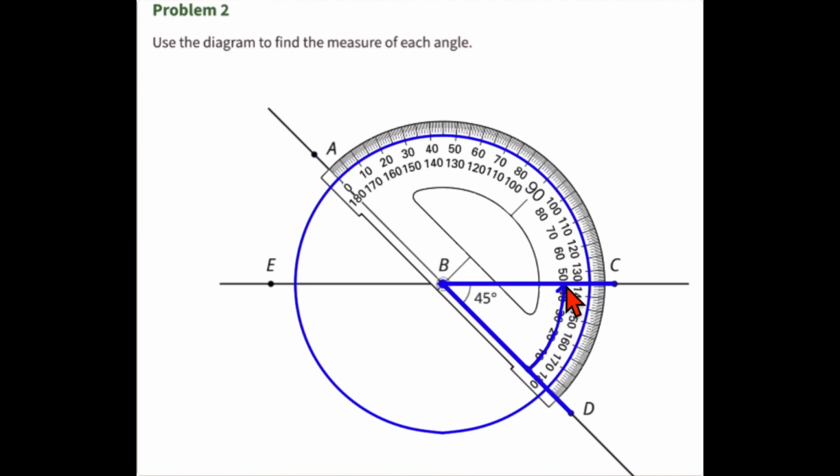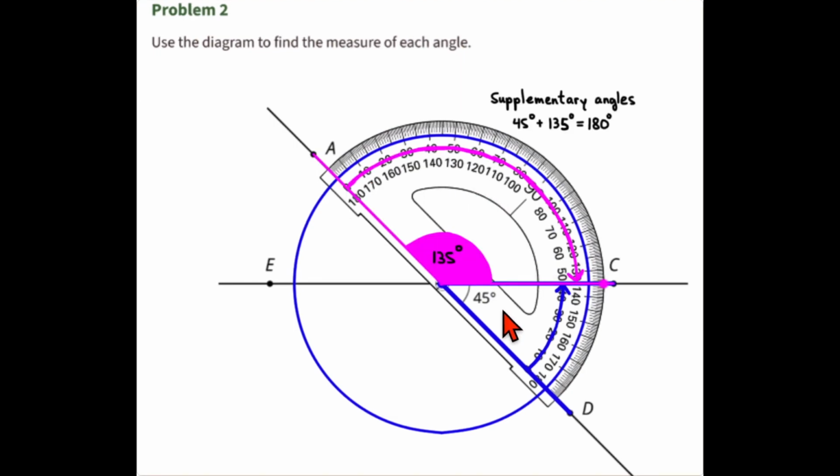So this angle is 135 degrees, and these two angles are called supplementary angles. They add to 180 degrees, or a straight line.